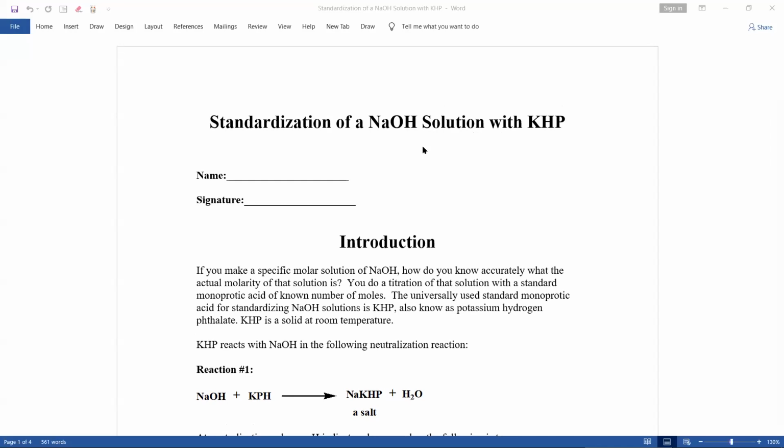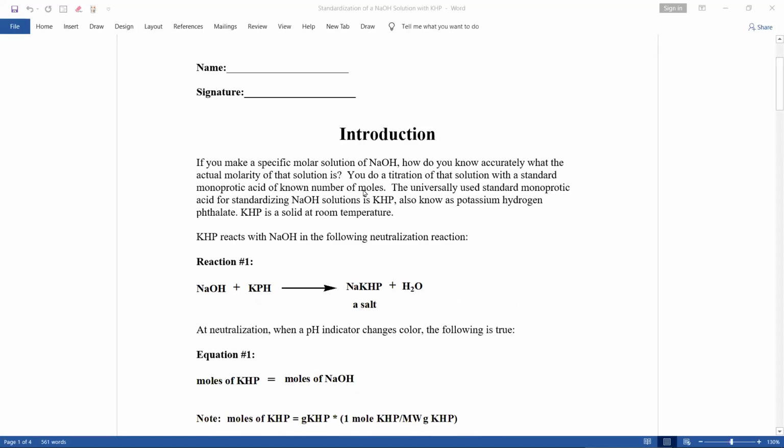You make up sodium hydroxide, NaOH solutions, and you want to know what is the molarity. And you use what's called KHP. Now, first of all, just to be safe, let me get my fast thumbs up, people. Do you see the standardization of NaOH solution with KHP on your screen? Thank you, thumbs up, people. All right, let's take a look at this.